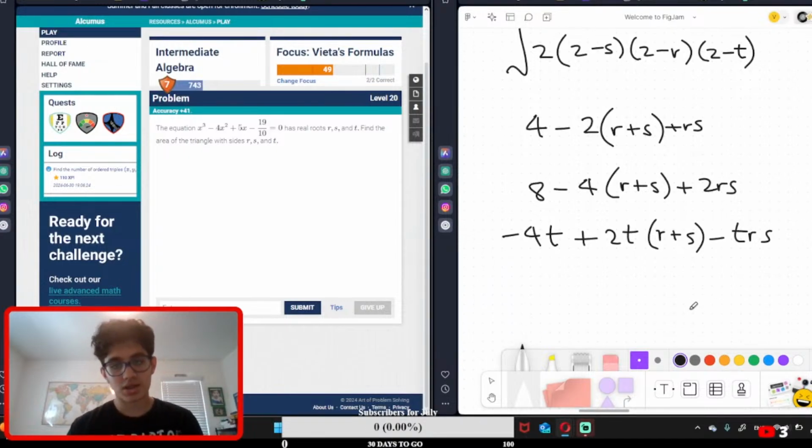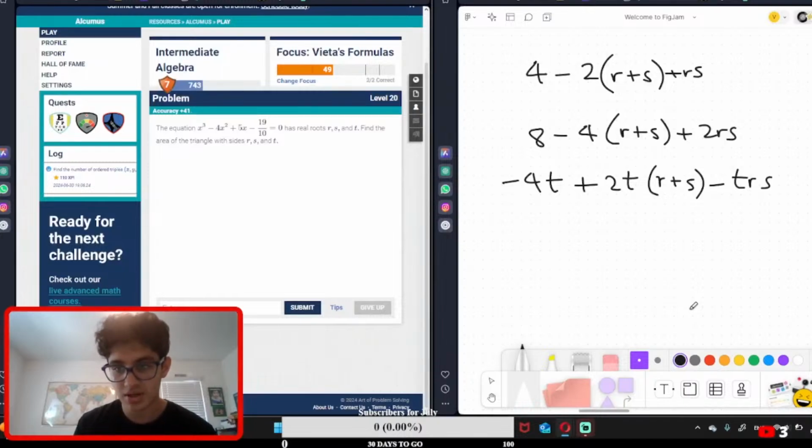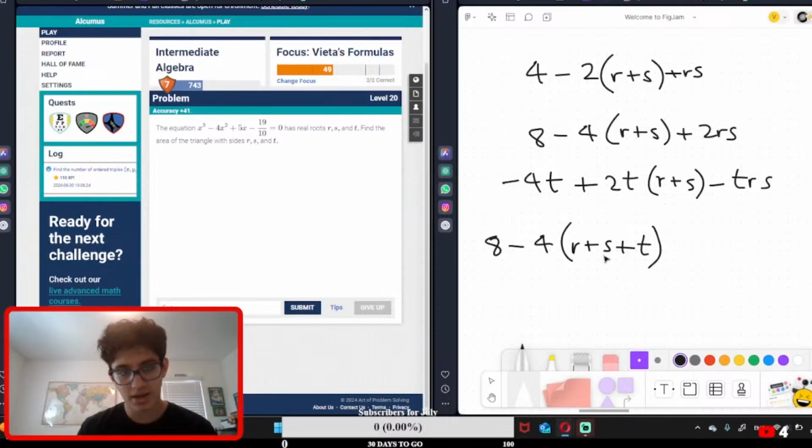Okay, and this ends up simplifying pretty nicely. Remember, we still have to take the square root of all this, and it'll end up being not too clean. Anyway, we have basically 8 minus 4 times r plus s plus t, right? That's fine. We know that is 4 anyway.